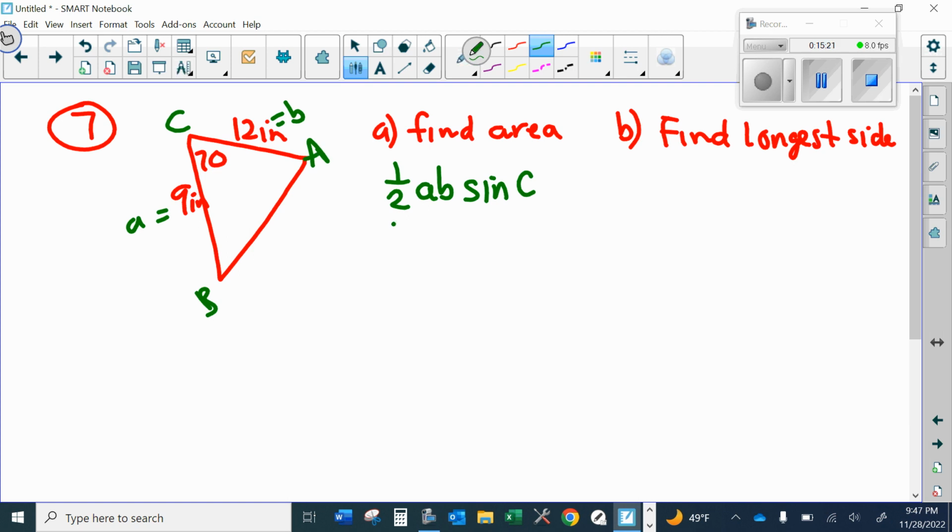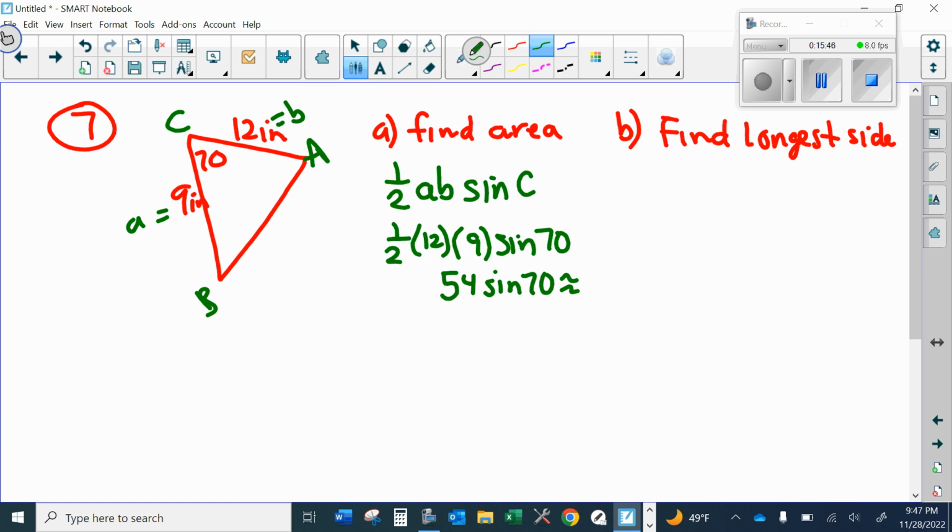Okay, so 1/2 A times B, doesn't matter the order, so let's put 12 because I can take half of 12 easily. 9, and then sine of 70. So half of 12 is 6 times 9 is 54 sine 70, and now I'm just putting that in a calculator. And then since it's area, I know it's going to be square units at the end.